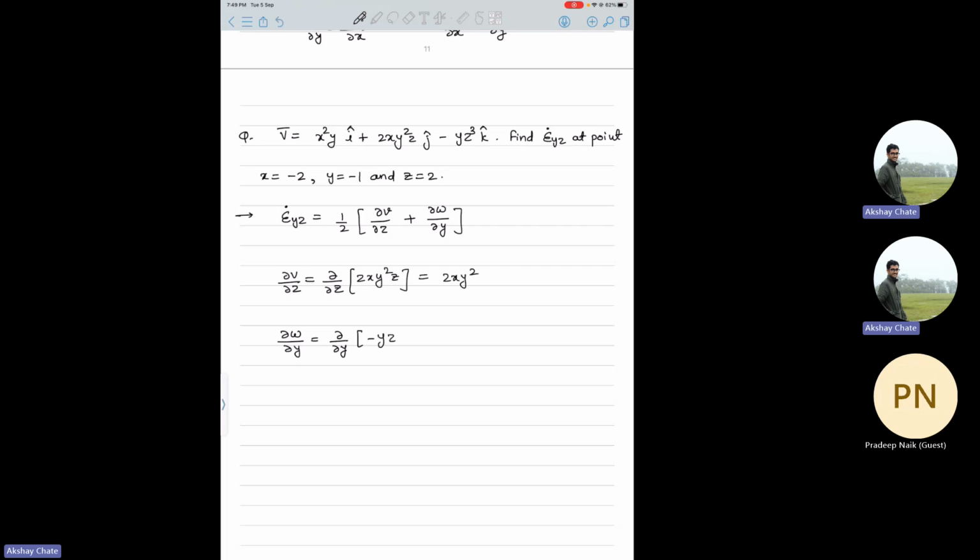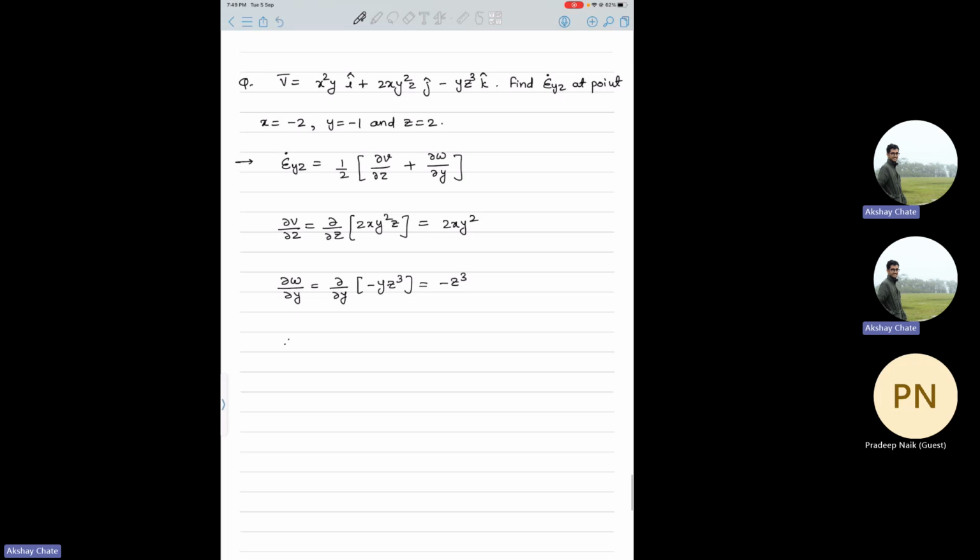W is minus y z cube, so del w by del y will become minus z cube. Therefore, epsilon yz will become half of del v by del z, 2xy square, plus del w by del y, minus z cube.